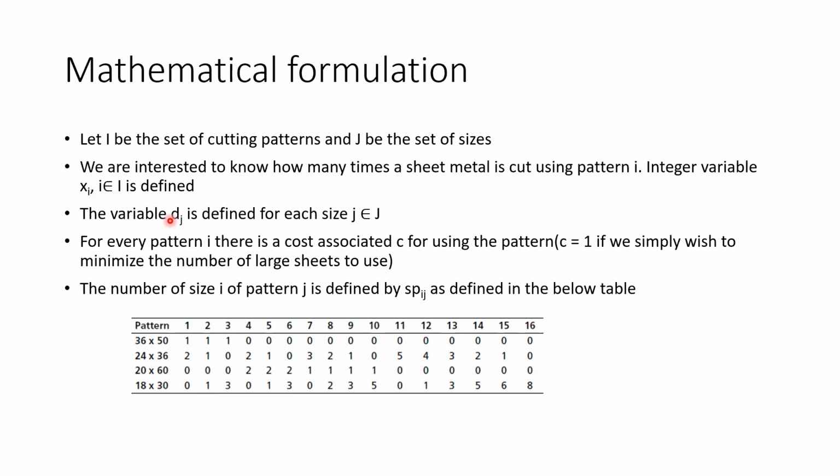The variable d is the demand defined for each size, and for every pattern I there is a cost associated. The number of pieces of size j in pattern i is defined by the parameter SP(i,j). So SP is the number represented in the table in this matrix, where one sheet of 36 cross 50 can be cut out from pattern i. This parameter is indexed by the different sizes along with the patterns.